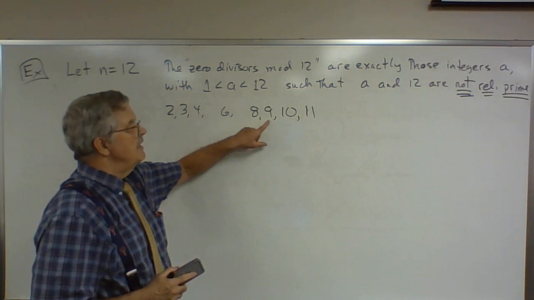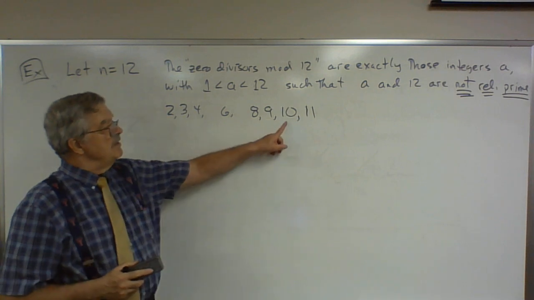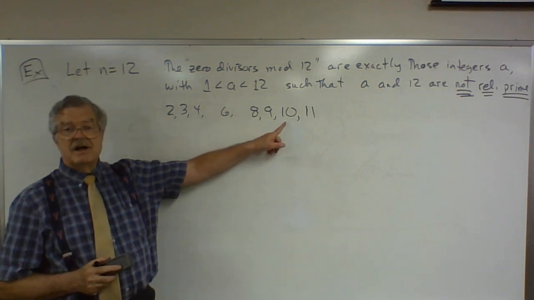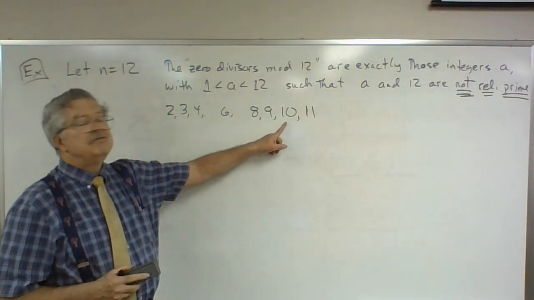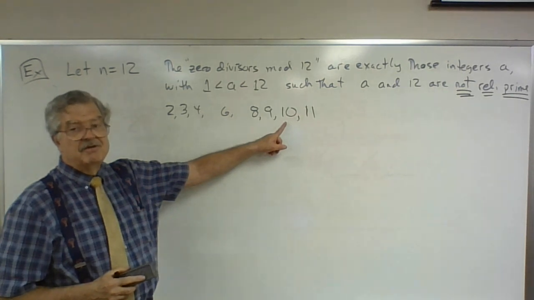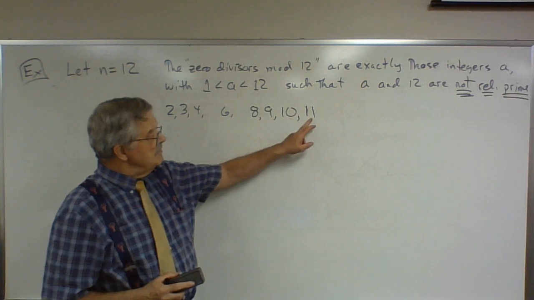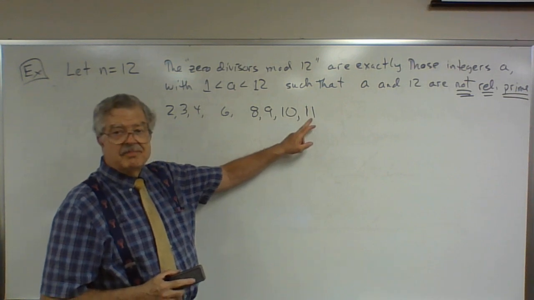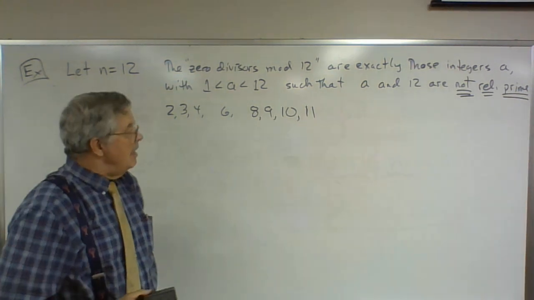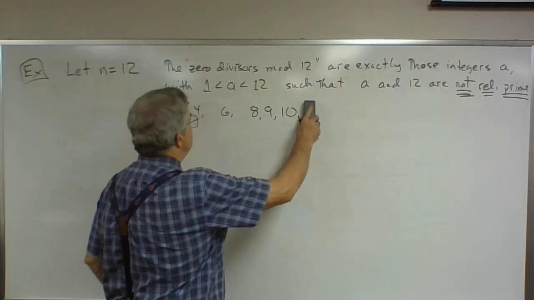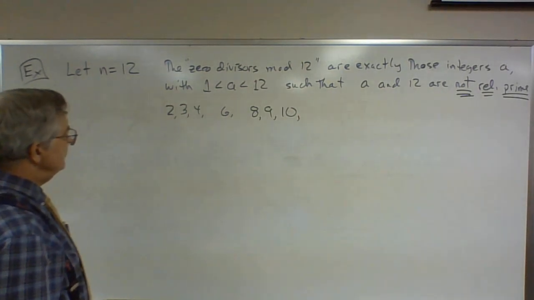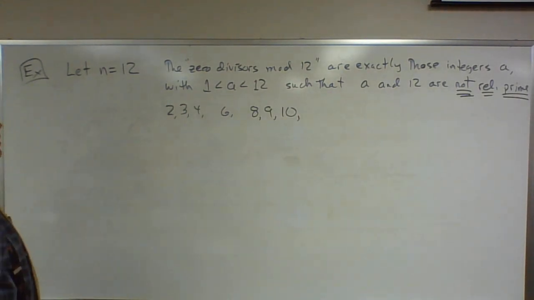So 9 is a zero divisor mod 12. 10 and 12? Nope. So 10 is a zero divisor mod 12. 11 and 12 relatively prime? Yes. 11 is not a zero divisor.